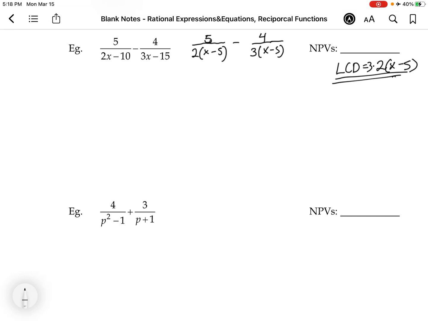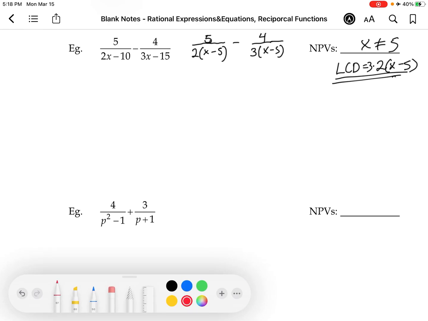And that's going to result in having to do a lot of reducing at the end, which is sometimes not a very fun process. So try and take the time to make sure that you do in fact have the least common denominator. All right, now the only non-permissible value here is that x cannot equal 5.